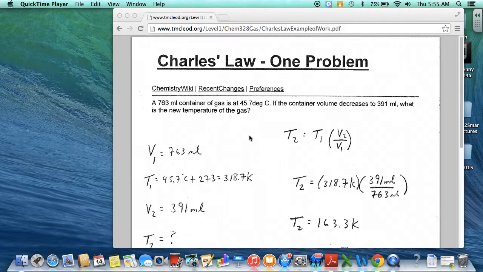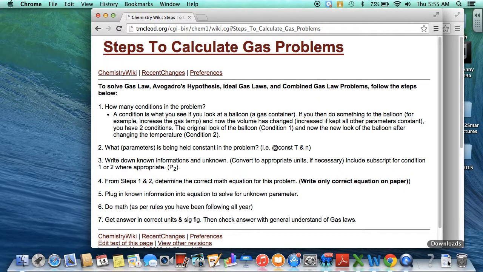So if you haven't, I'd like to talk a little bit about the steps you need to follow for any gas law problem, or actually any gas problem itself.